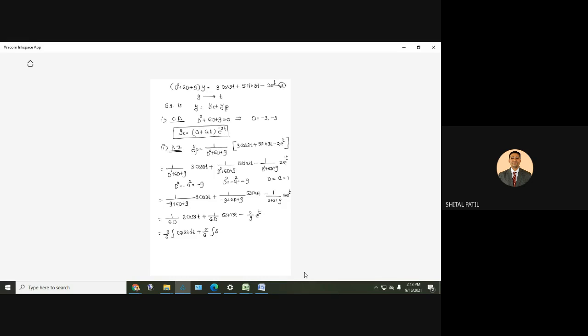One upon D is integration. Sin 3t divided by 3 and this 2. So 6. Then this is divided by 3.